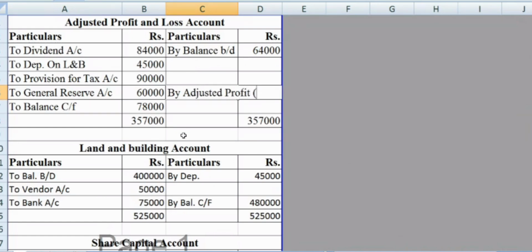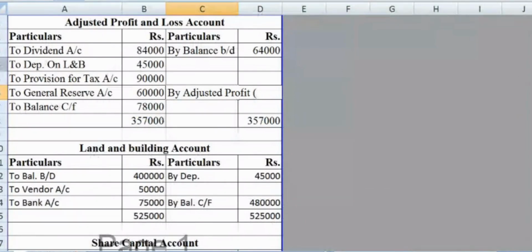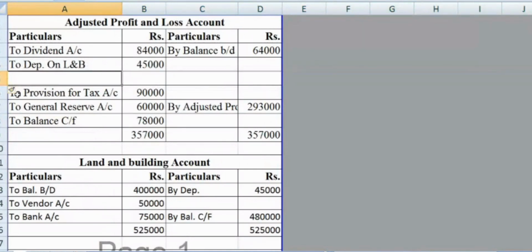Sir, the depreciation on machinery is still to be added. Yes sir, 24,000, you have not written it. Absolutely right, let's write it. Let's write here to depreciation on machinery. How much amount? 24,000. Then total is 3,81,000.